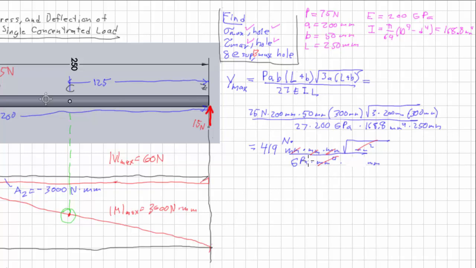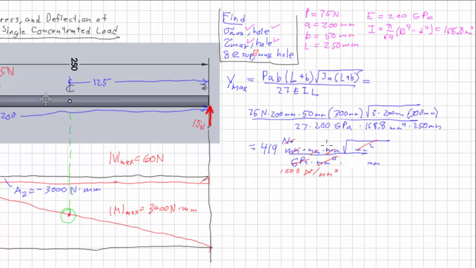And this gigapascal is actually 1,000 megapascals, and a megapascal is a newton per square millimeter. So I can, from there, cancel out newtons on top and newtons on the bottom. Now this millimeter squared is on the bottom, bringing it up on top.